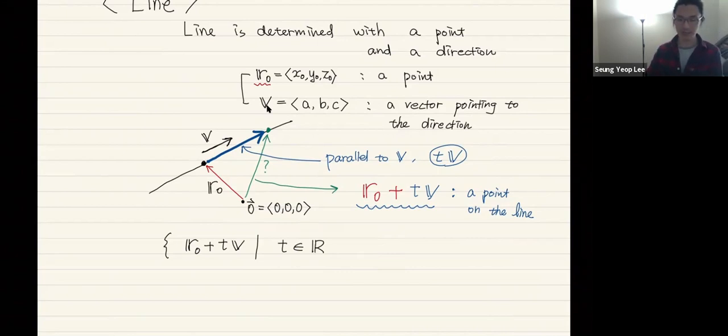That's the meaning of t belonging to the real numbers. This is the line. It's a set of points given by those. This is representing the point on the line.